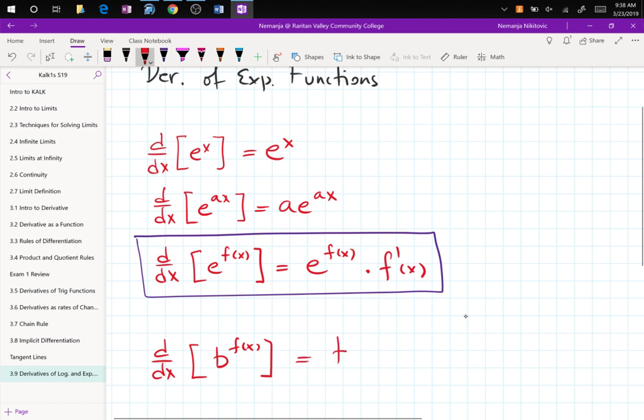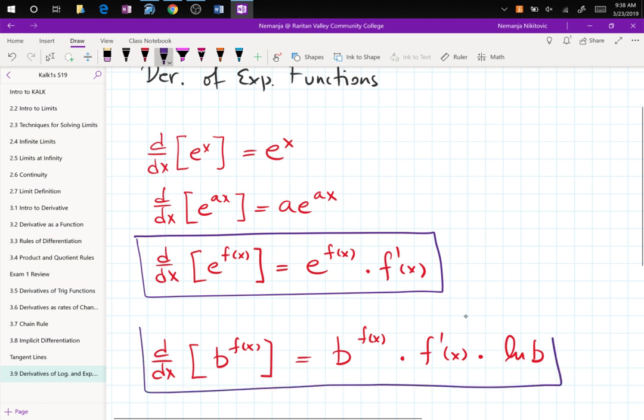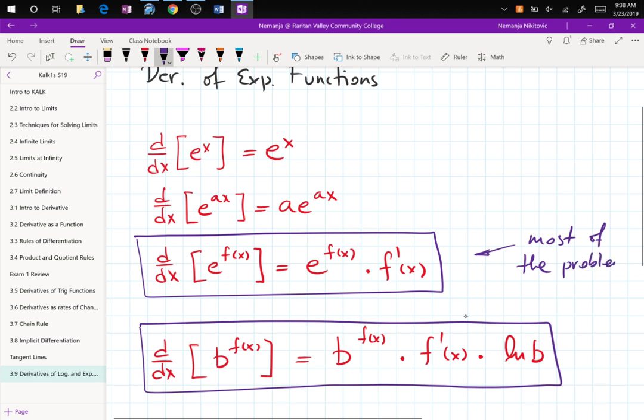This one is going to be b to the f of x times f prime of x times ln b. So that is the general exponential formula. But I'll say over here, most of the problems use this.